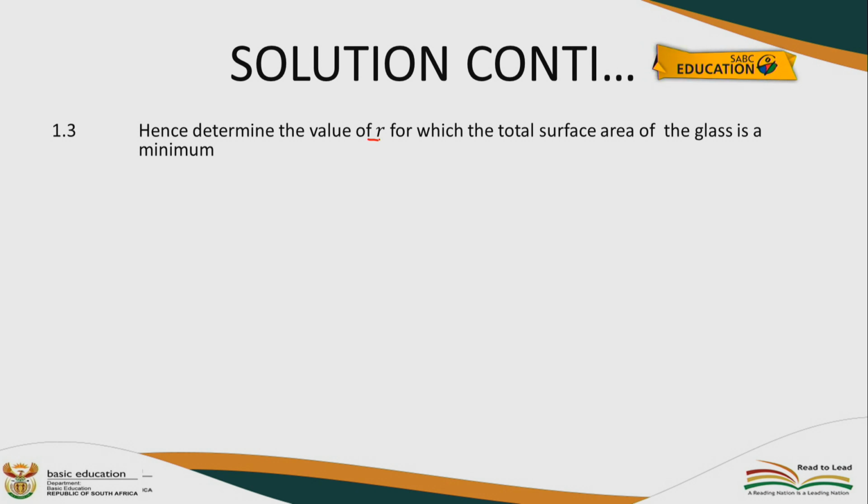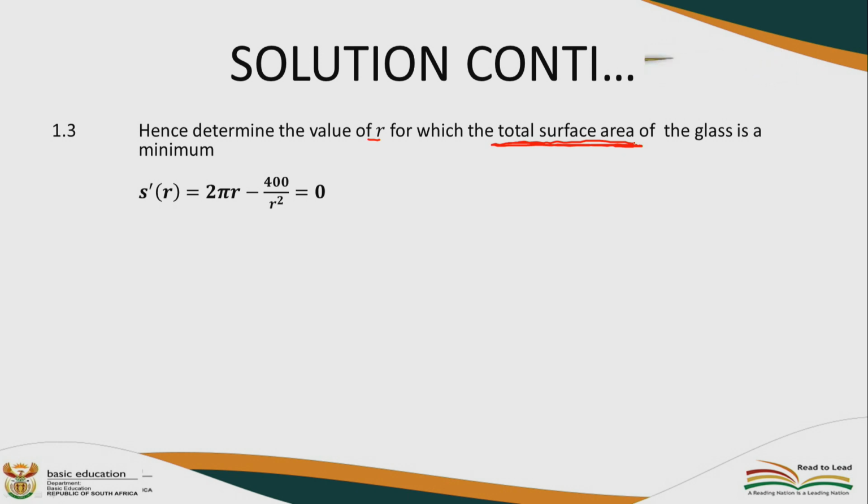So it means the derivative of the expression of the surface area equals 0. That's what you need to remember. Whenever you are dealing with a minima or maxima problem, first derivative of the expression of what you are looking for equals 0.